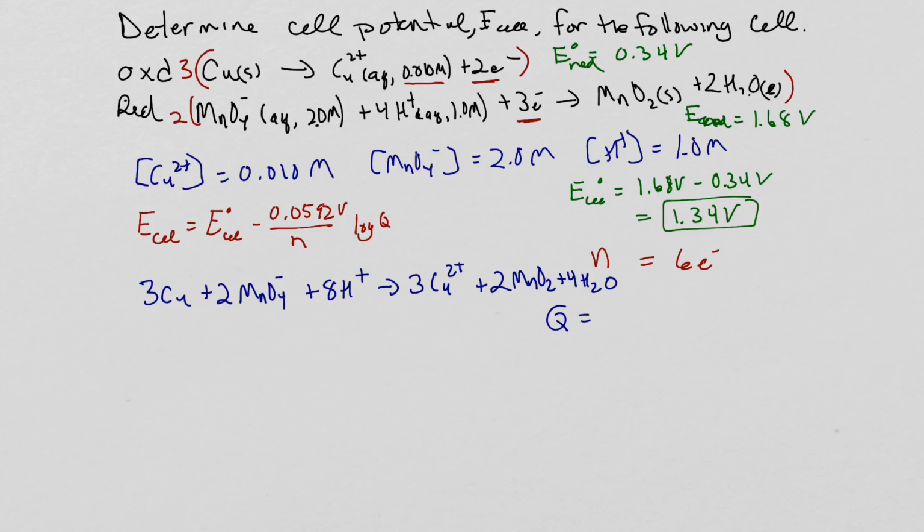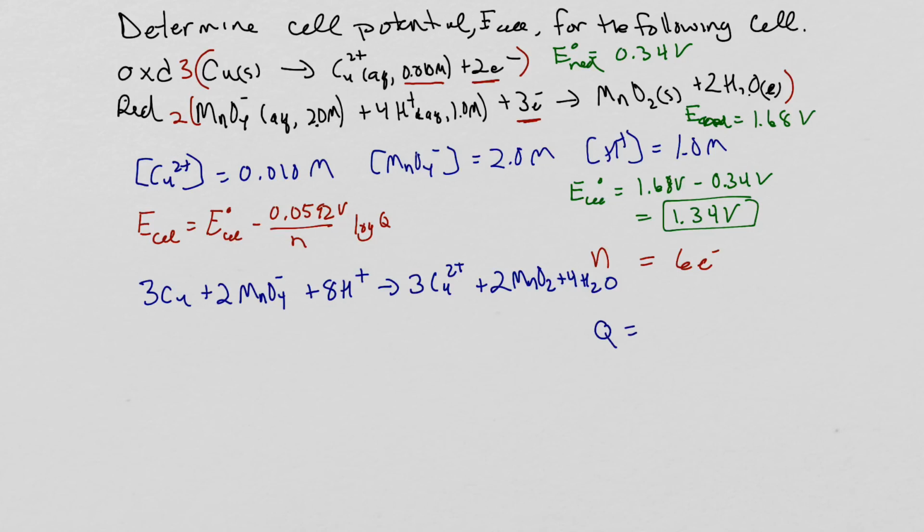So the only thing that really matters in the sense of Q, of course, is our things that are aqueous: our permanganate, our hydrogen ions, and our copper ions. So Q is the concentration of products.